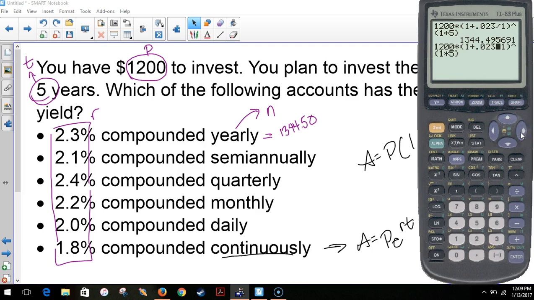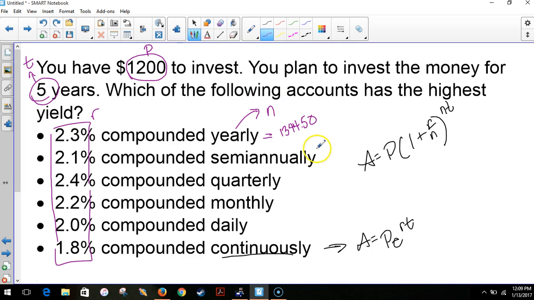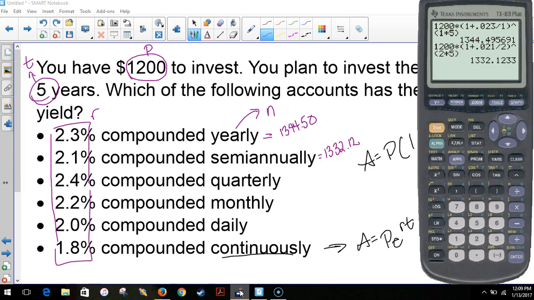My 2.3% becomes a 2.1%. My once a year becomes twice a year. And I'll need to change that in my exponent as well. And now when I hit enter, I get 1332.12. So this would be 1332.12, already better off sticking with the annually compounded.